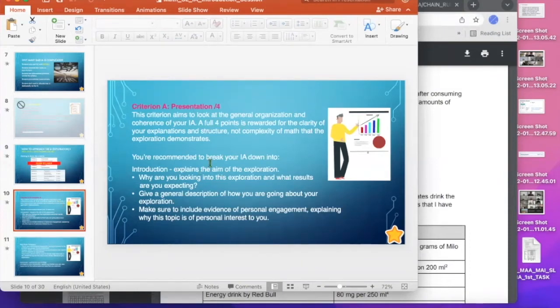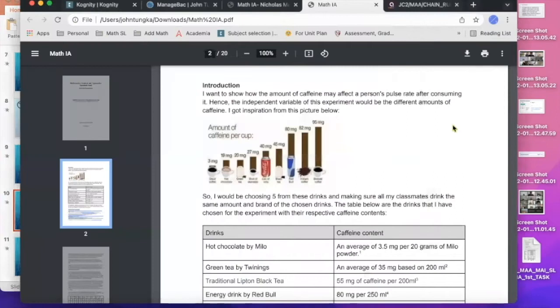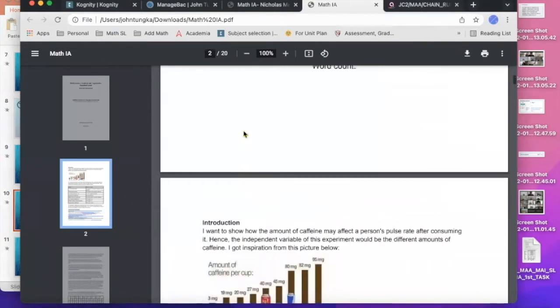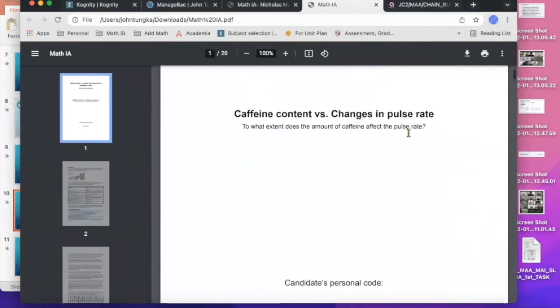So in the introduction, you need to provide a background. You need to structure your introduction. In the paragraph, you need to give readers background of your IA.